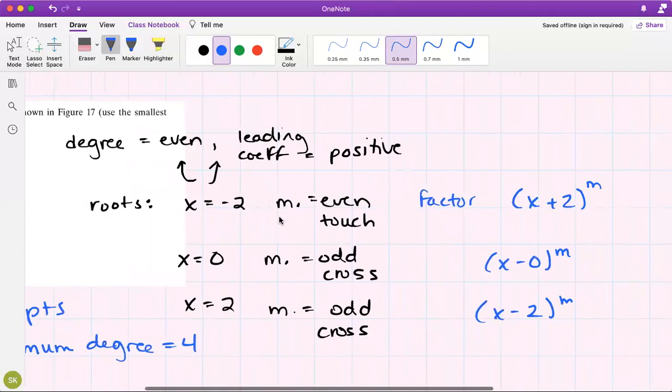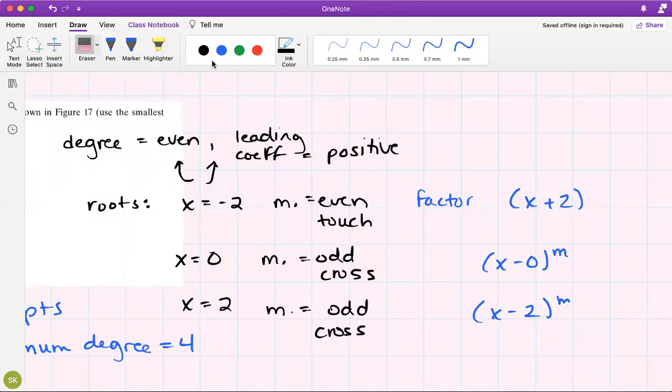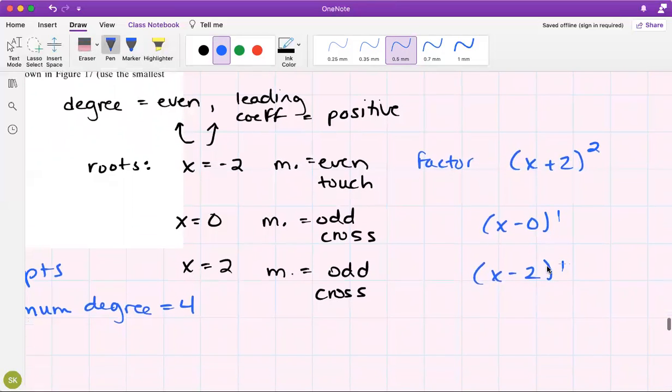If we let m for this one be 2, for example, and then we choose 1 for both of these, we have x plus 2 squared. That would give us the root x equal to negative 2 with an even multiplicity, and then x minus 0 to the 1, x minus 2 to the first power.